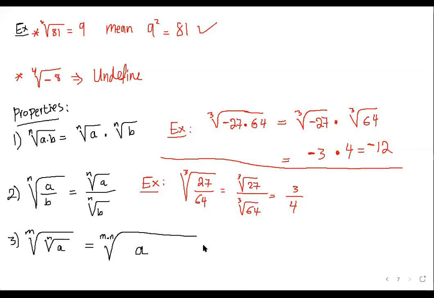Example, the third root of the square root of 9. We multiply 3 by 2, which gives me the 6th root of 9. Any question for these 3 properties?